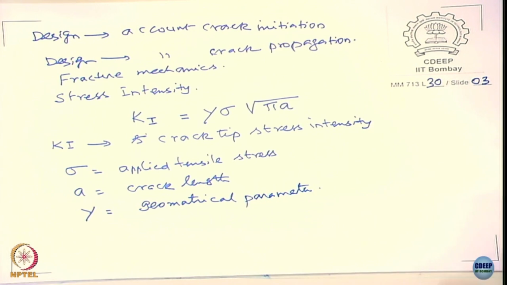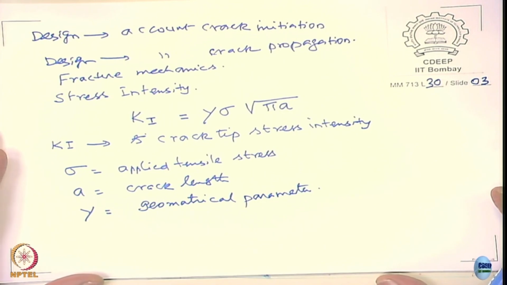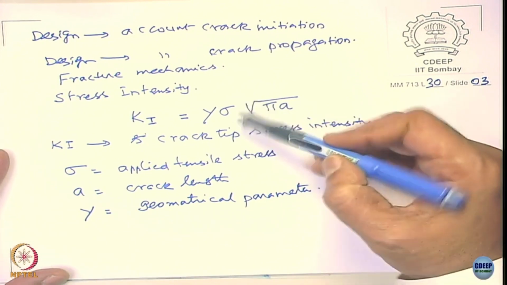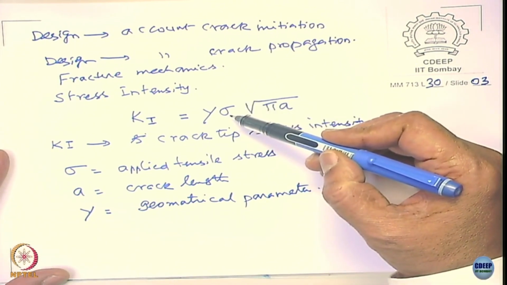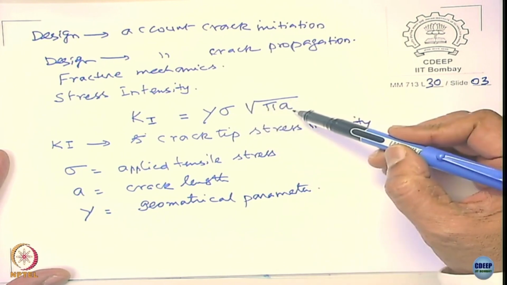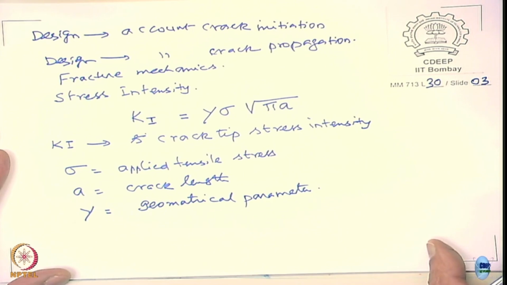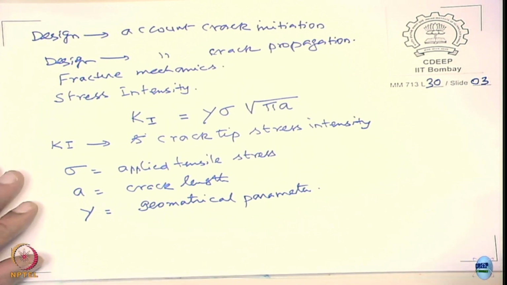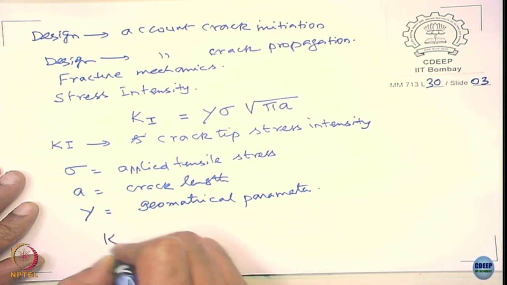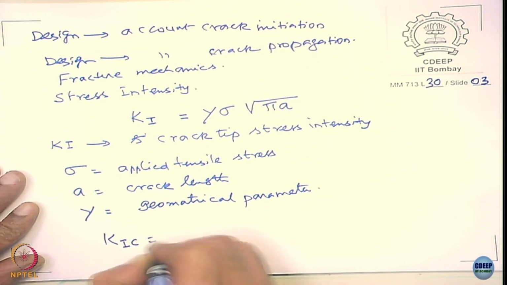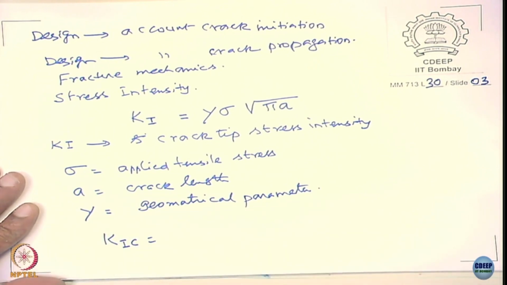So we are not getting into too much detail about it, but I think it is sufficient for us to get a feel for stress corrosion cracking and crack growth in a given material. Now look at here, K1 depends upon the applied stress, and it depends upon the length of the crack. Now you know very well that there is something called K1C. What is this called? Anybody?